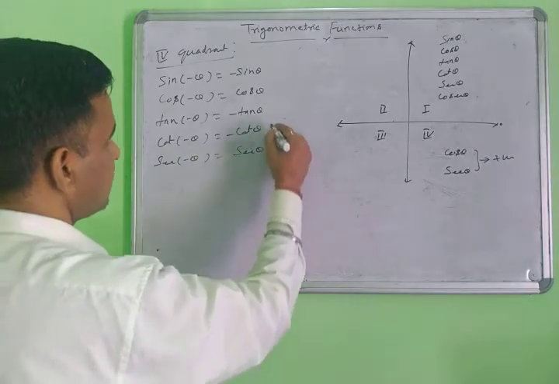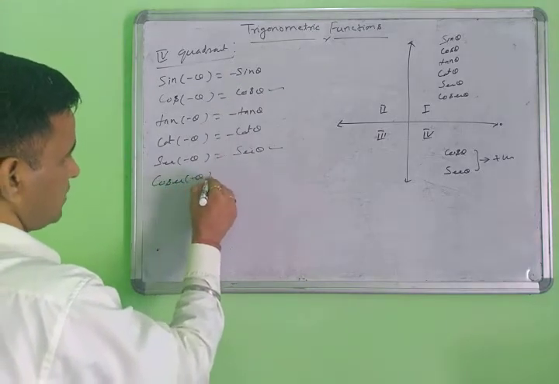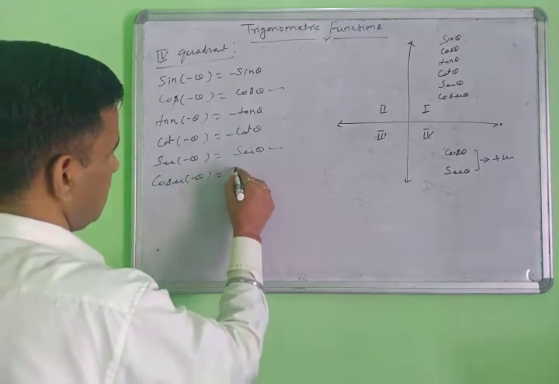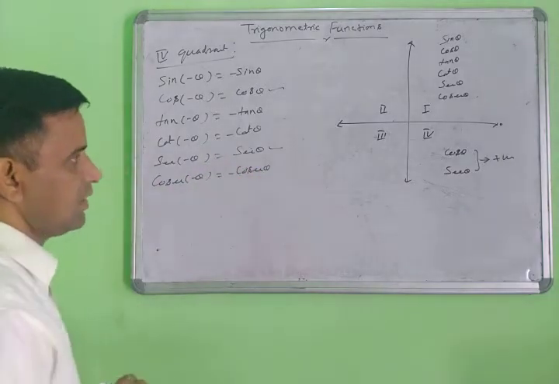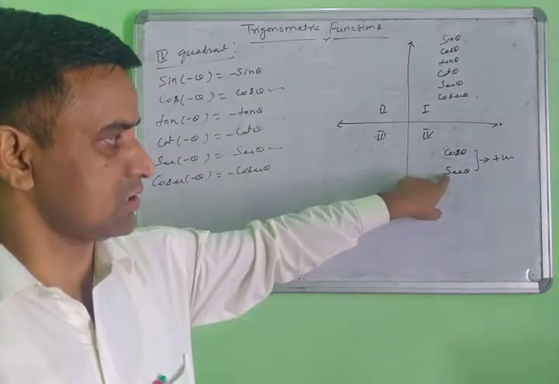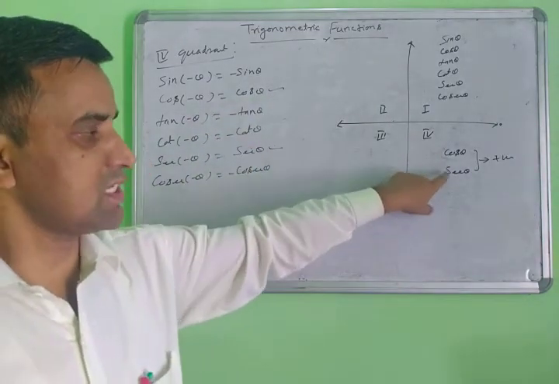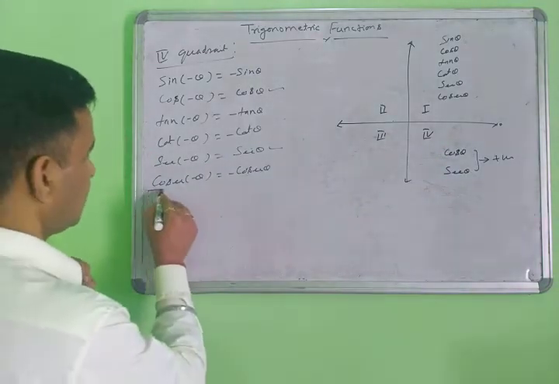Sec is positive on this side, and cosec of minus theta is minus cosec theta. Only two identities are positive in the fourth quadrant, cos and sec. The rest will be negative. So that is the first type. Now the second type.